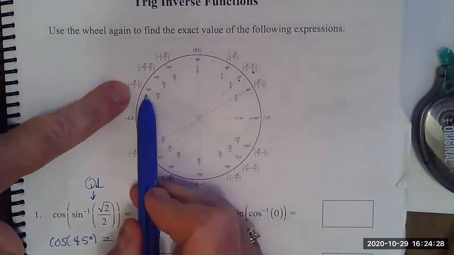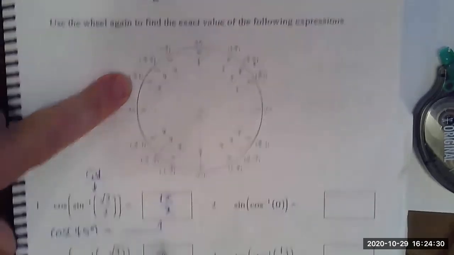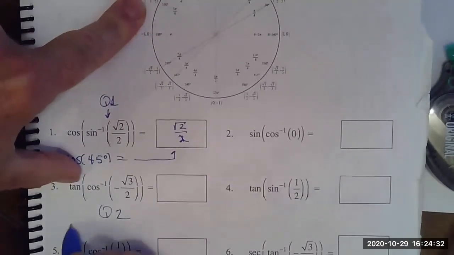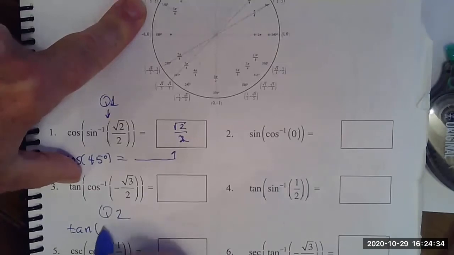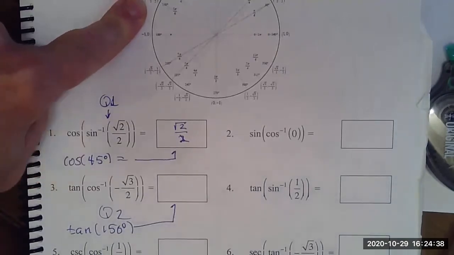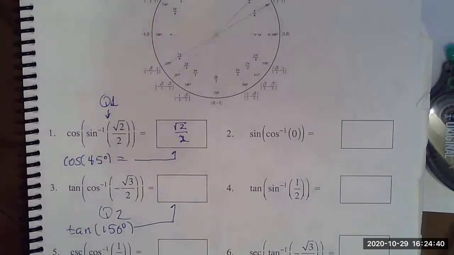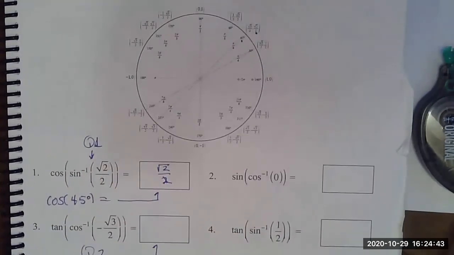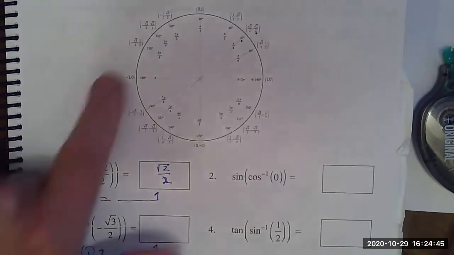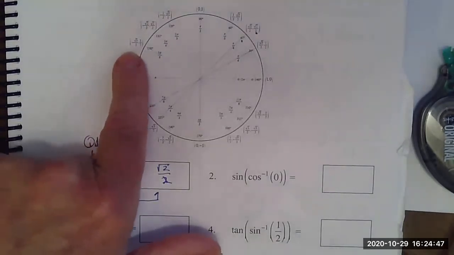So the angle I'm looking at is 150 degrees. So this is the same as tangent of 150 degrees, and that'll be the answer. What's the tangent of 150 degrees? From the wheel, I can look at this as y over x.